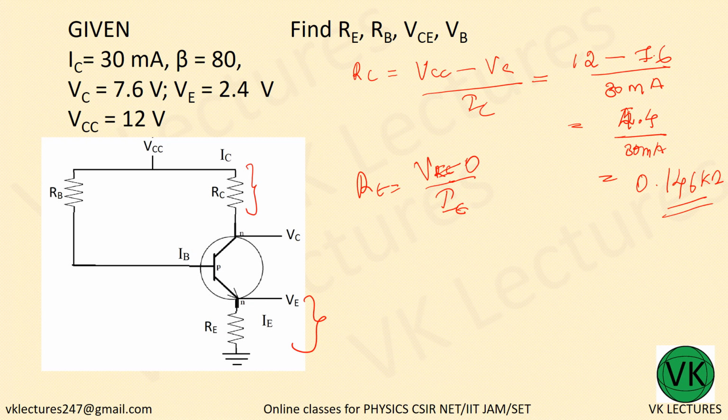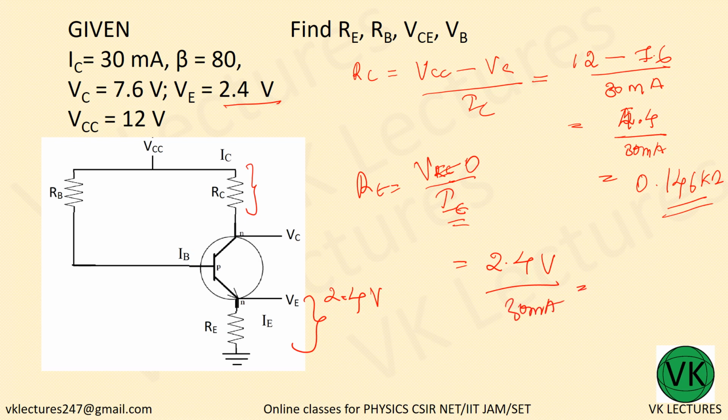So what is that? This is 2.4 volt, right? VE is 2.4 volt. So 2.4 volt divided by IE. IE is nothing but IC, that is equal to 30 milliamp.